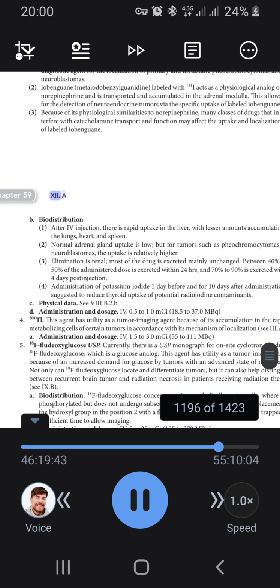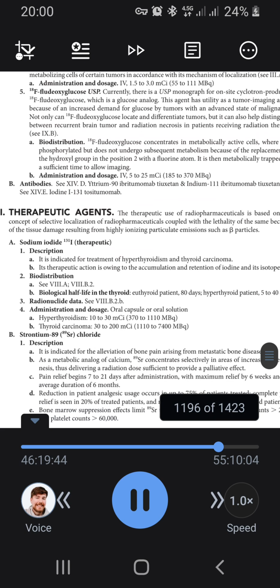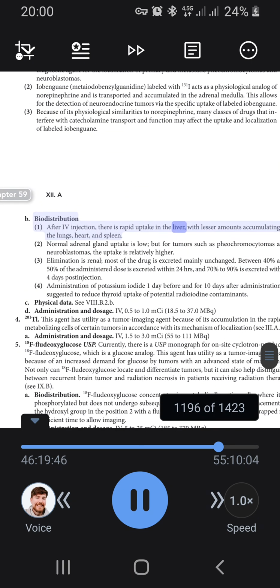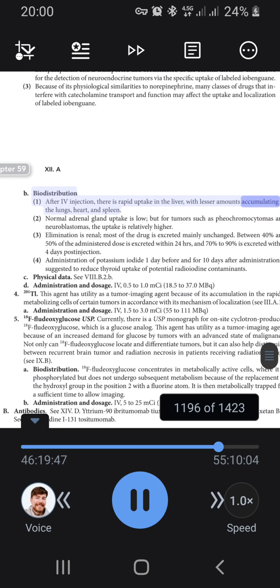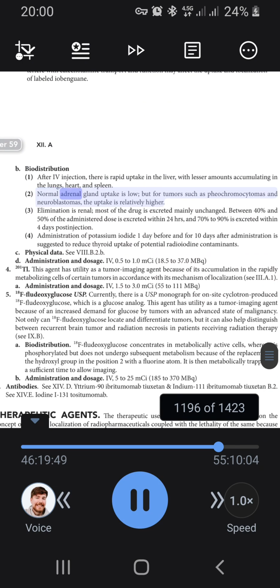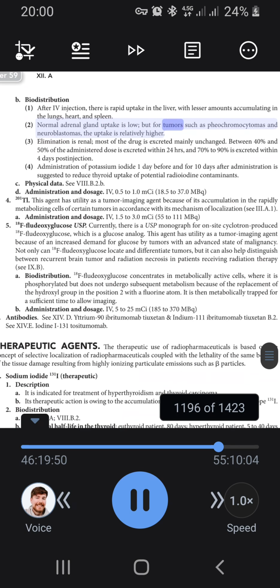B. Biodistribution. 1. After IV injection, there is rapid uptake in the liver, with lesser amounts accumulating in the lungs, heart, and spleen. 2. Normal adrenal gland uptake is low, but for tumors such as pheochromocytomas and neuroblastomas, the uptake is relatively higher. 3. Elimination is renal.